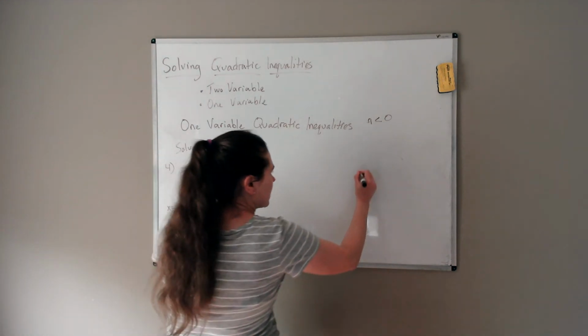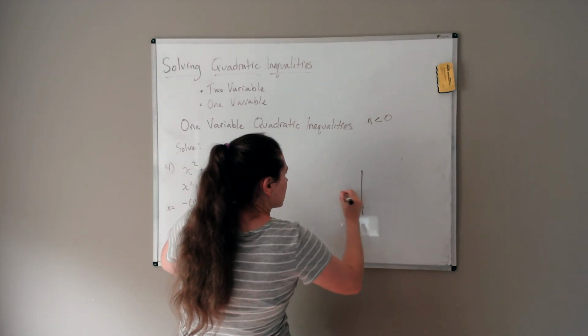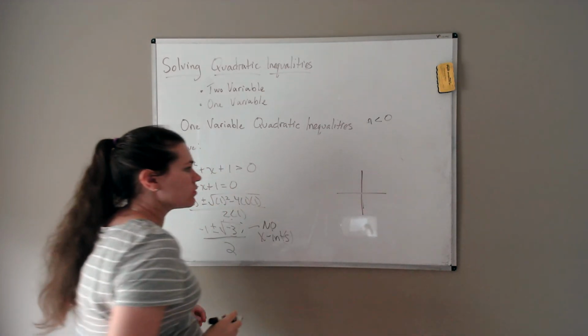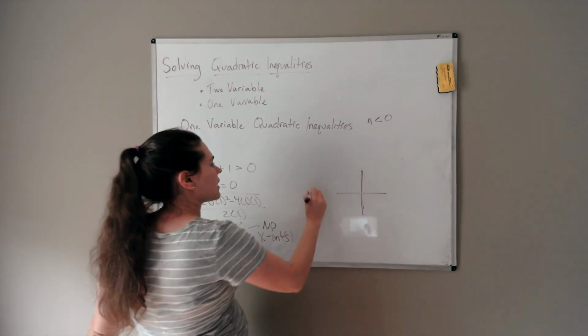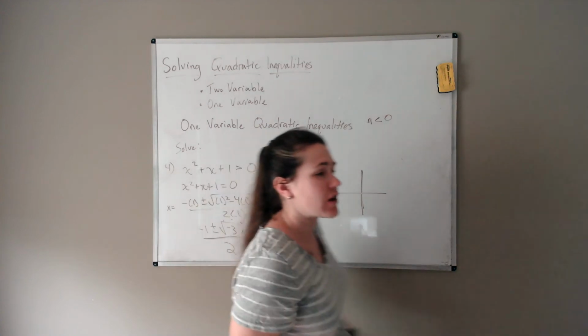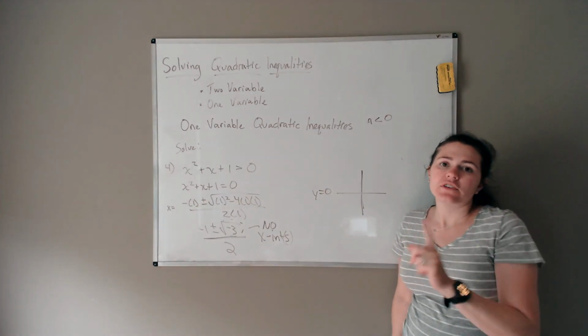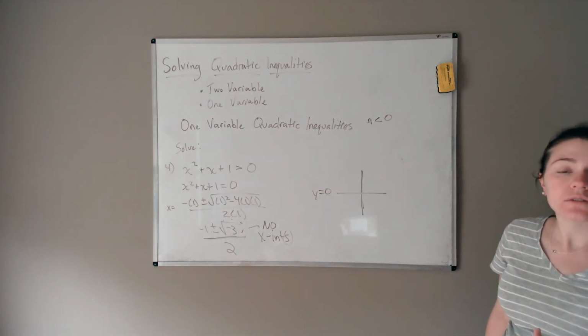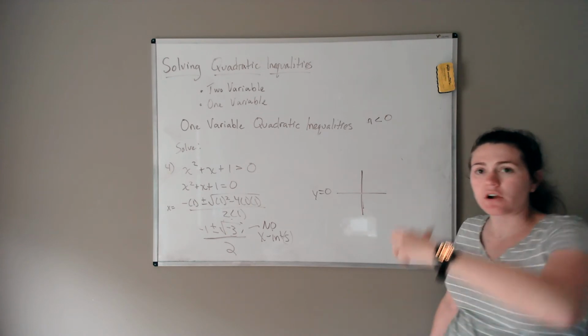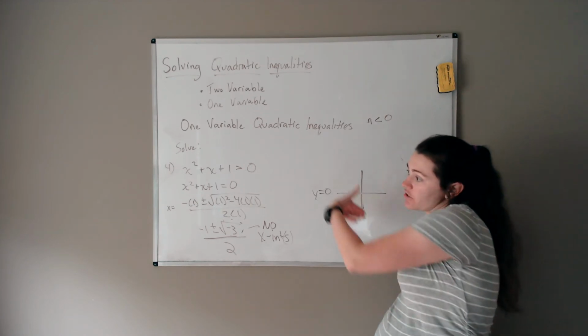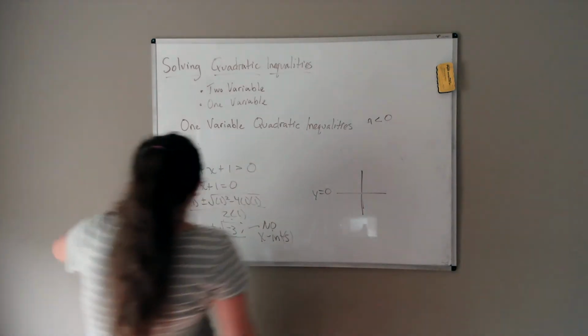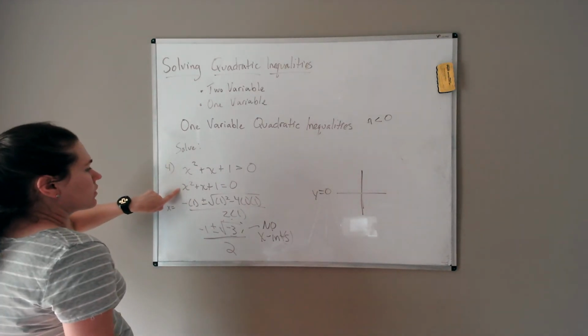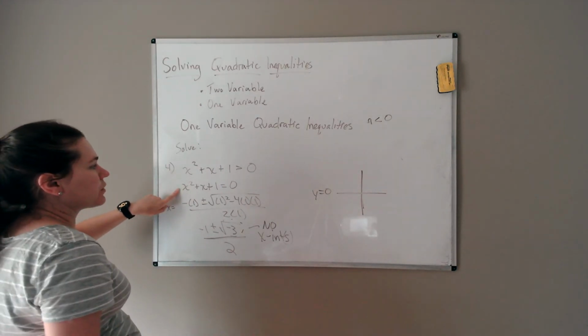That means that this graph is one of two things. This graph is either a U that's already above the line y equals 0, facing up, or a U that's below the line y equals 0, facing down. The vertex is below it. So you look at x squared plus x plus 1.